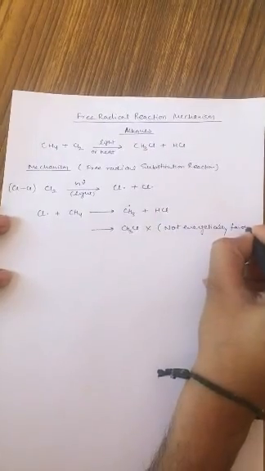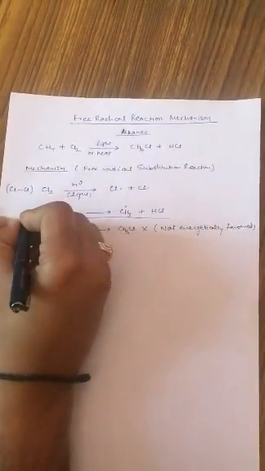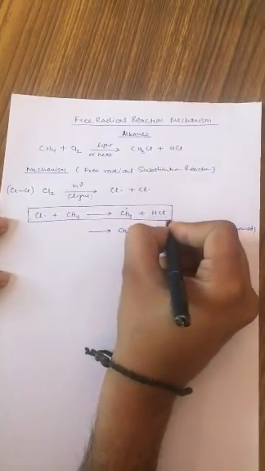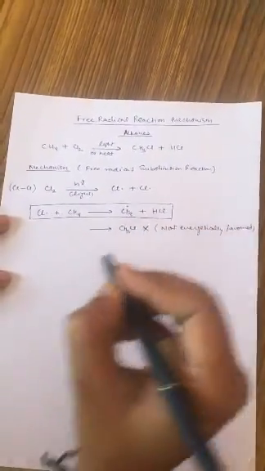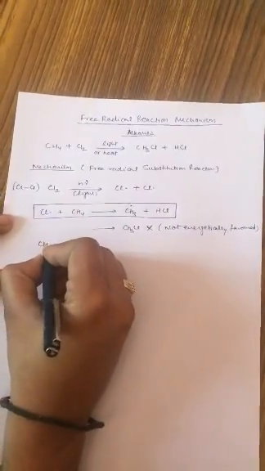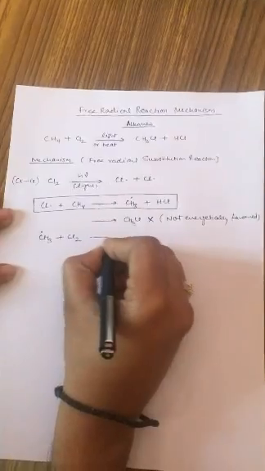So this step forms only the methyl free radical, where the chlorine free radical reacts with methane, and it does not form CH3Cl.